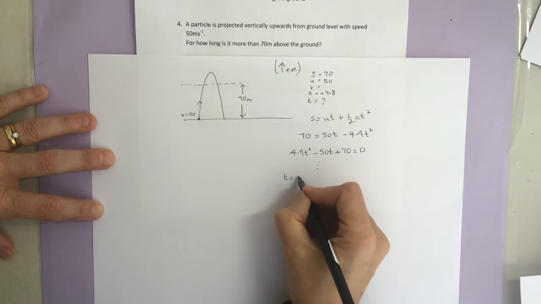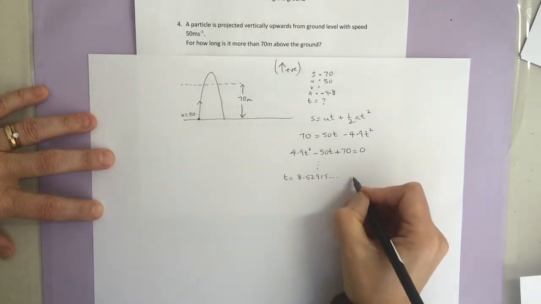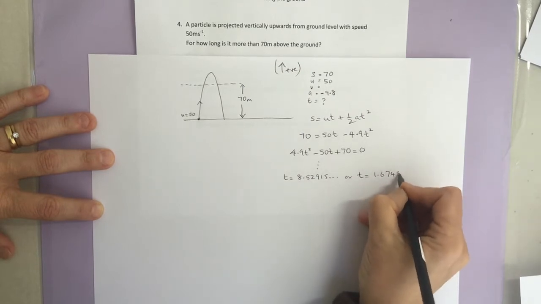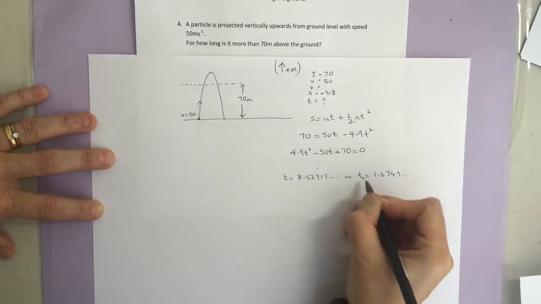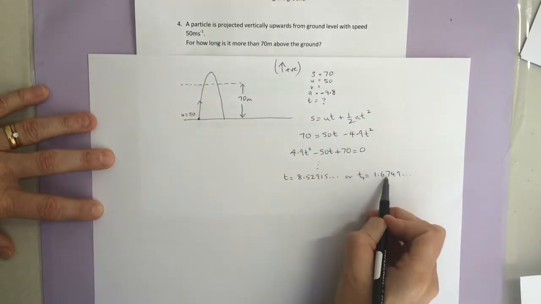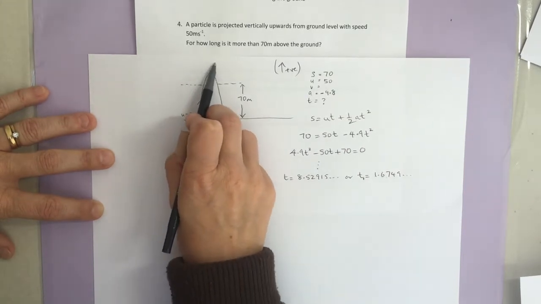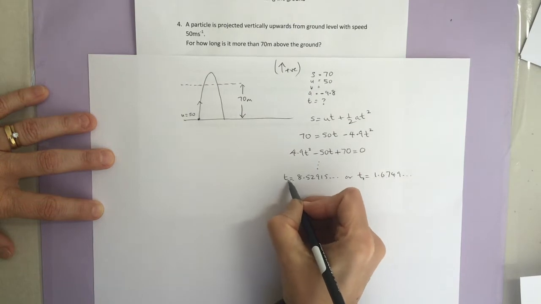You should get t equals 8.52914, etc. Or t equals 1.6749. So what does this mean? This means, if I call this t1, that's at this time, so 1.67 odd seconds to get there, and then it's carried on upwards, come back down, it's hit 70 metres again at this time, t2.